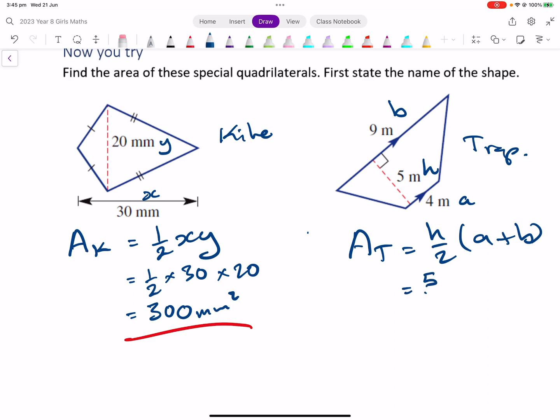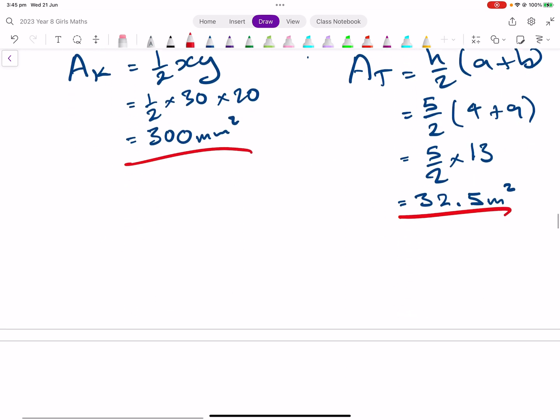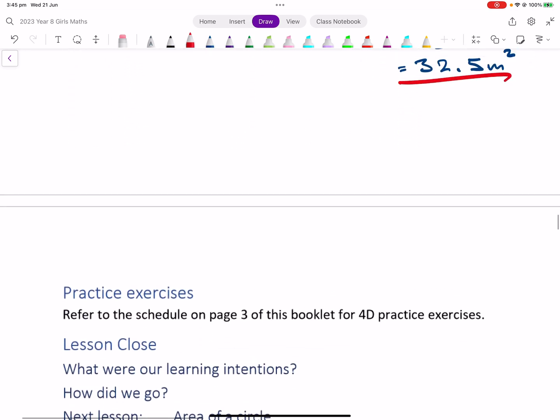That equals 5 on 2 times 4 plus 9, which equals 5 on 2 times 13. I reckon that is 6.5 times 5, which is 32.5 meters squared, because we measure area in squares. All right, so that was a quick one.